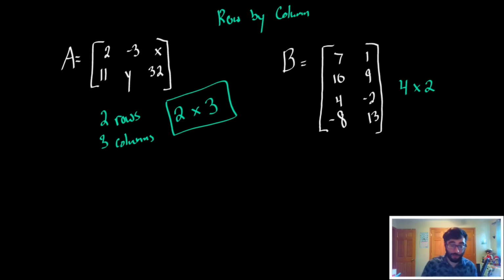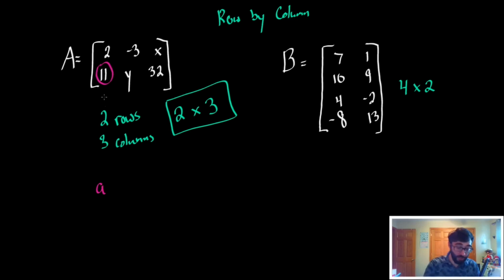So, for example, if I was talking about matrix A, say I wanted to list the address for the entry 11. We generally name matrices by an uppercase letter, so I'm going to use a lowercase a, and then a little subscript. This subscript tells us which row the entry is in and which column the entry is in.